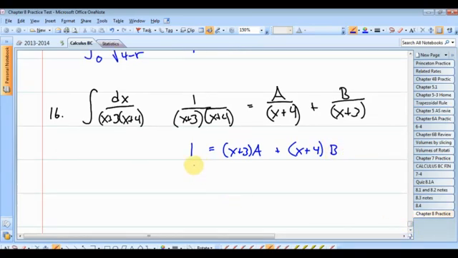Pick a number. If x is negative 4, then a will be negative 1, I believe. And if x is negative 3, b will be 1. I see I put these in backwards.